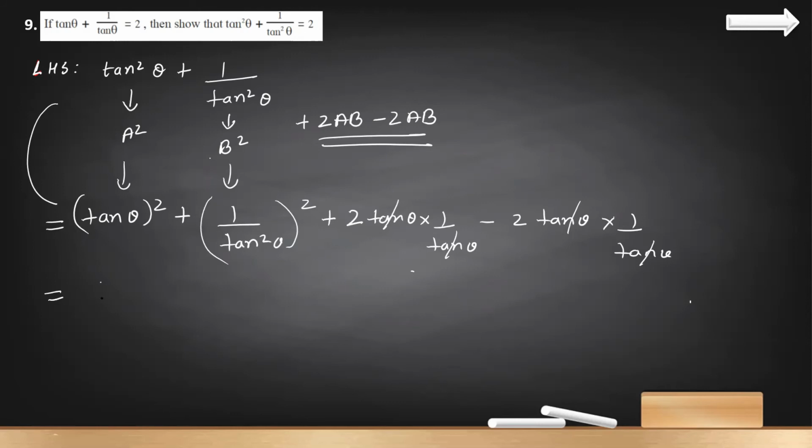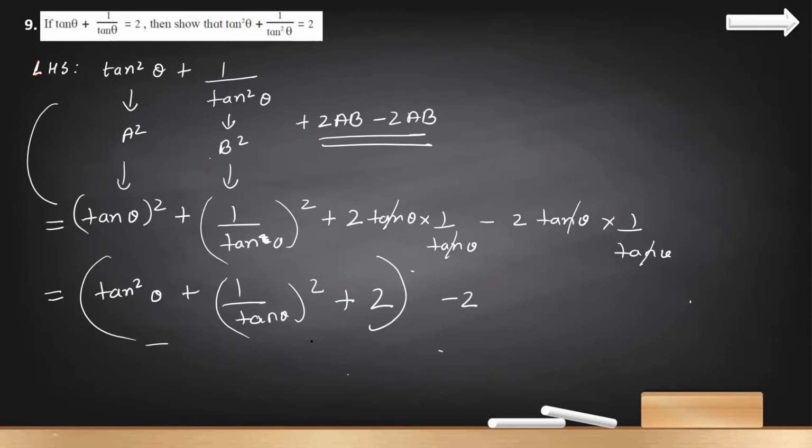So this is going to be tan theta plus 1 upon tan theta whole square plus 2 minus 2. Now the first three terms are your perfect square: a square plus b square plus 2 times ab. This is your perfect square. So can I not write this as a plus b whole square?